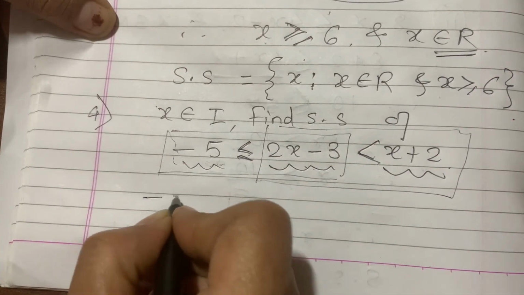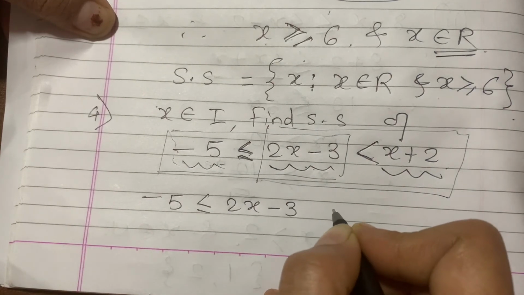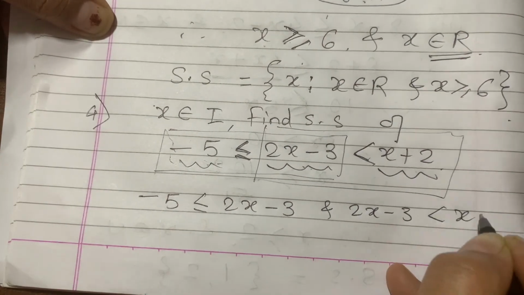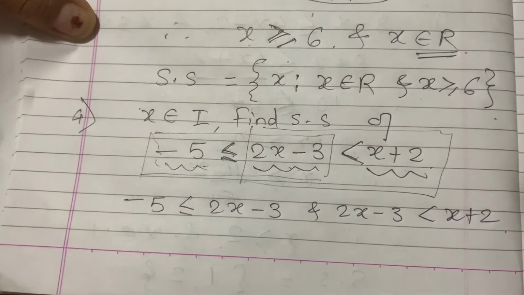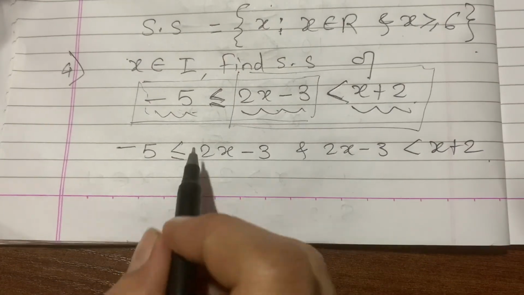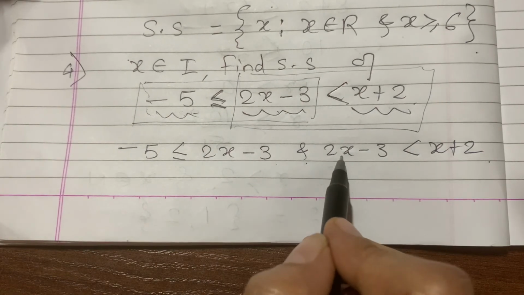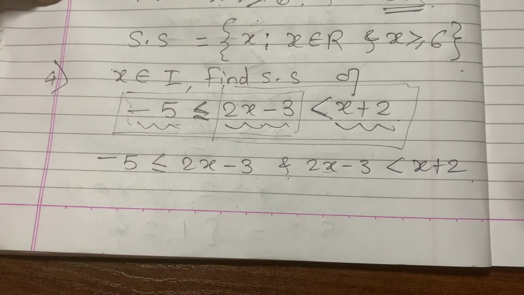First we'll consider minus 5 less than or equal to 2x minus 3, and then 2x minus 3 less than x plus 2, and simultaneously we'll solve both sides.